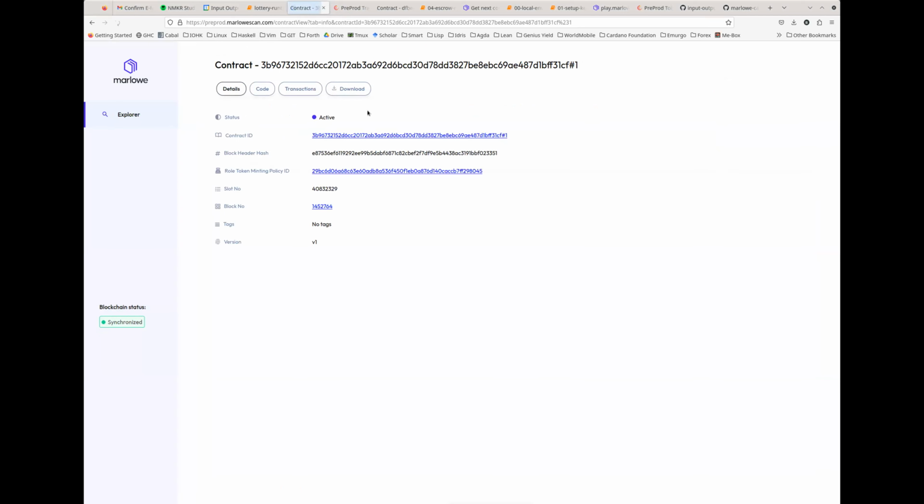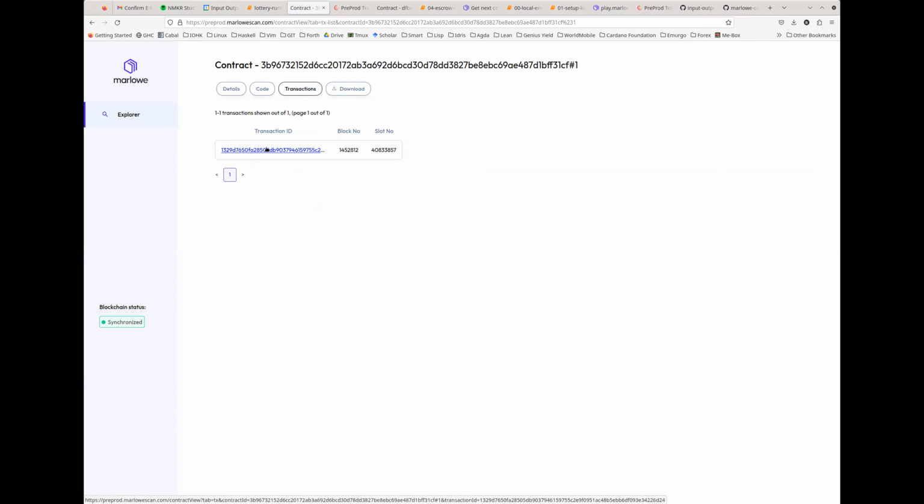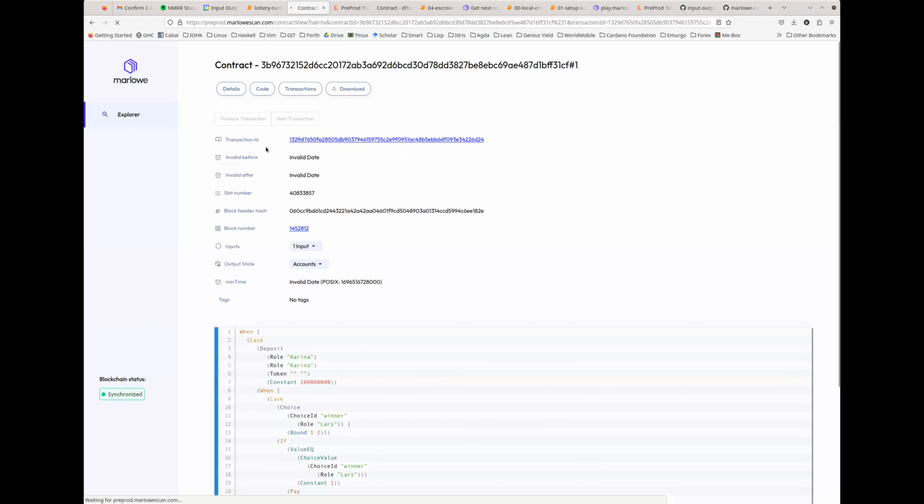Details, active, and now in transactions, earlier there was none, now there is one. This is the one that Robertino submitted, or rather that I submitted on his behalf. And of course, you must never do that in real life, give somebody your private key. This was not just a demo.